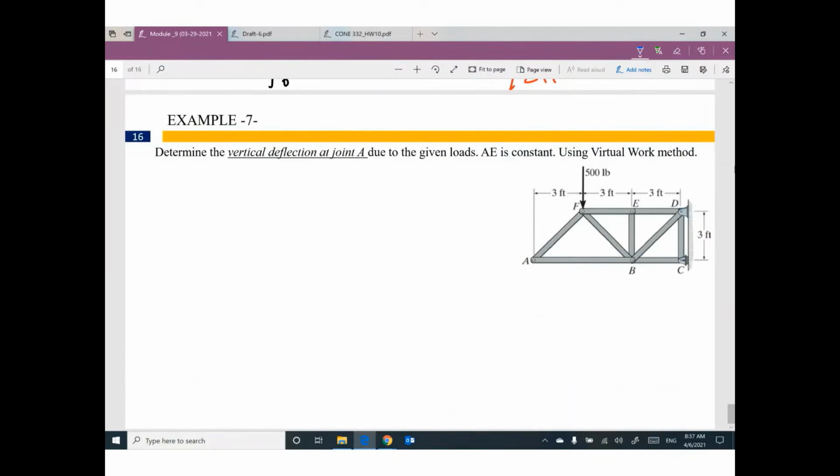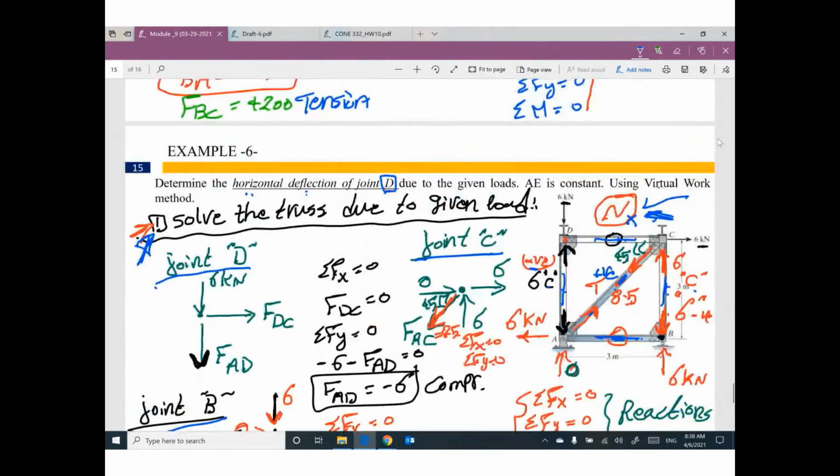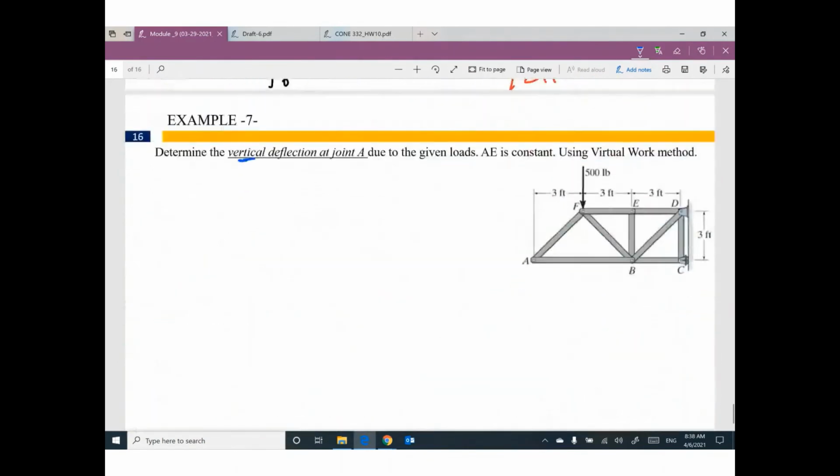We have another truss, which is a little bit bigger, and we need to figure out the vertical deflection. So please, guys, make sure you read the problem carefully. We are looking for horizontal or vertical.